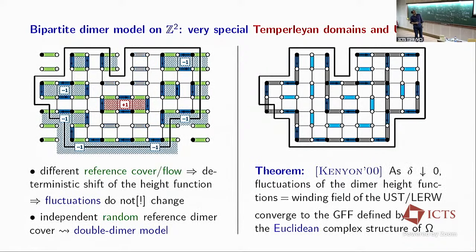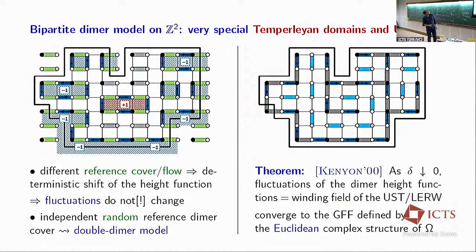A statement is that one can always define the height function. This is an important definition. Here, I hope I have place to put it on the board. So the definition works on any planar graph.